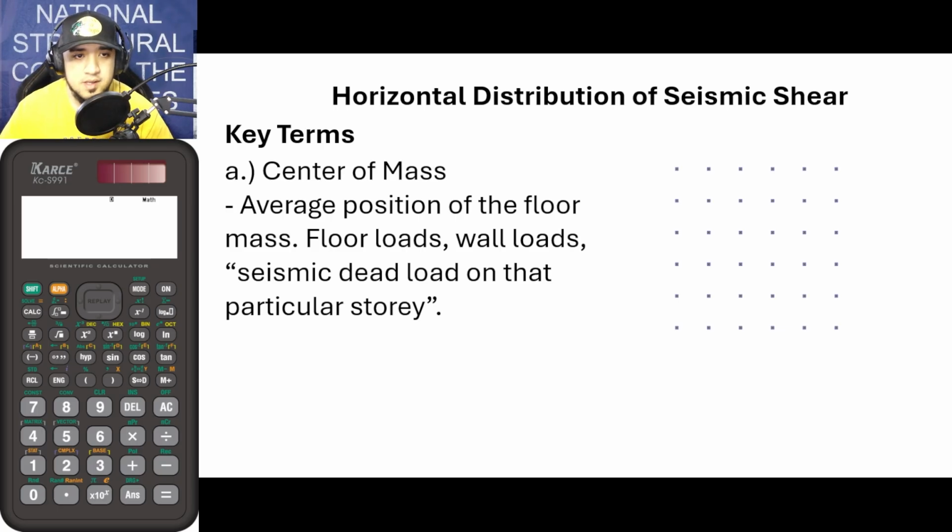When we say floor mass, it is the seismic dead load. So, in the previous video, we already know that seismic dead load consists of dead load, as you know, and in some cases, 25% of live loads, in a situation wherein you are designing a building that has warehouses, storages, and the like. So once again, it is the seismic dead load on that particular story.